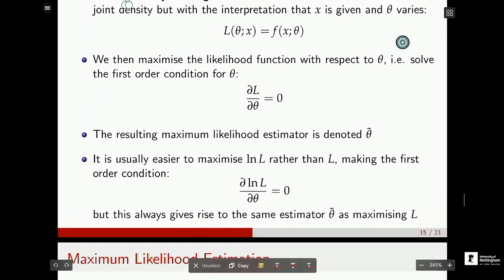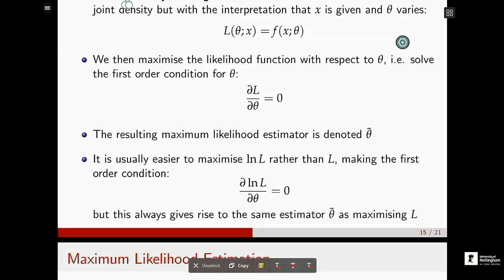Now, in practice, a lot of likelihood equations are awkward to do direct differentiation on. An alternative is to use the natural logarithm of the likelihood equation rather than the likelihood itself. So you could maximise the log of the likelihood with respect to theta in the usual way, differentiate, set equal to 0 and solve.